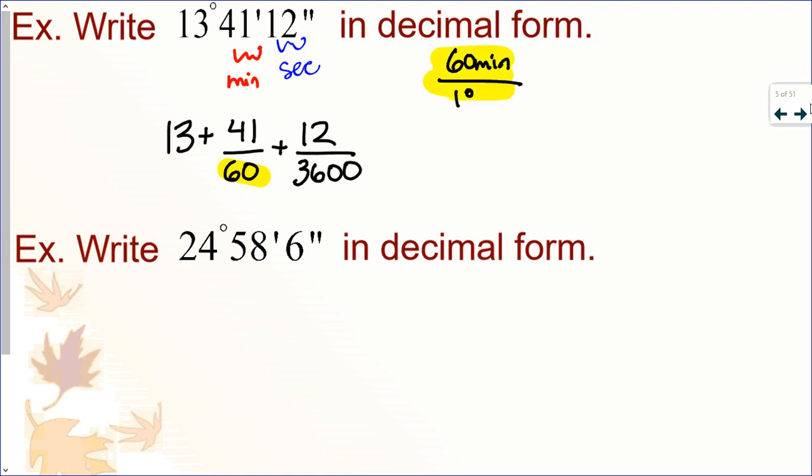That's where this 60 comes from. And then we get 3,600 seconds in 1 degree. Much like there are 3,600 seconds in 1 hour, or 60 times 60, there are 3,600 seconds in 1 degree. So then this is where we bust out the calculator and we can just type all this in. And I get it. I'm going to have to do a little rounding.